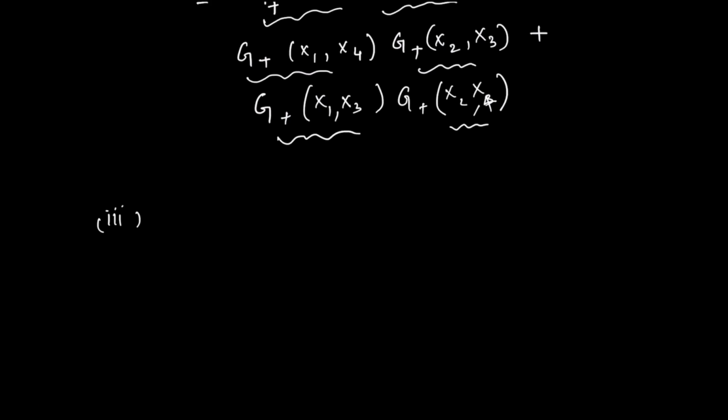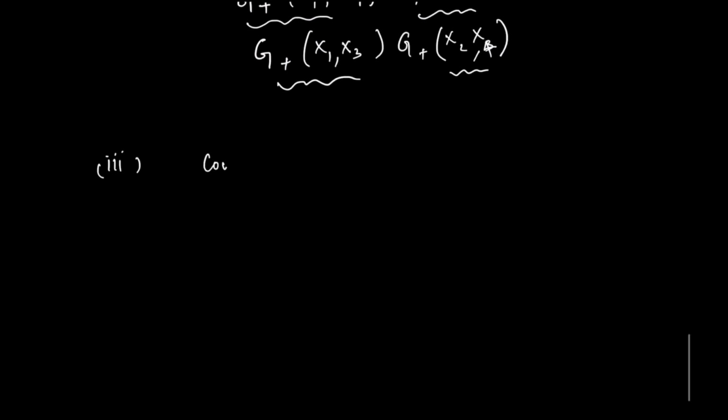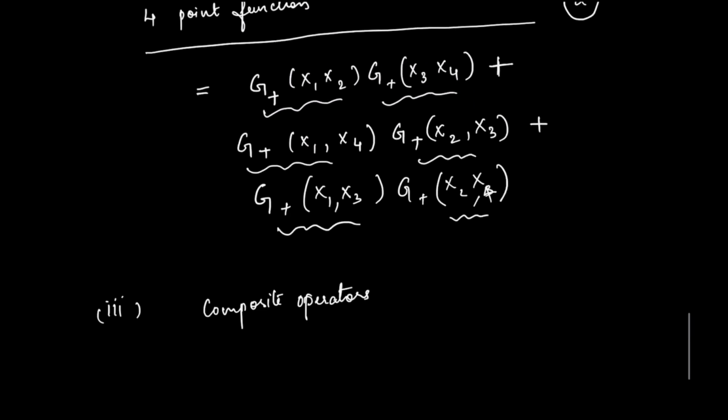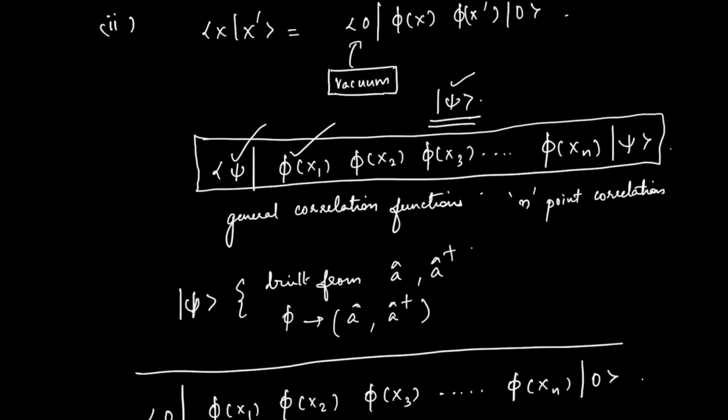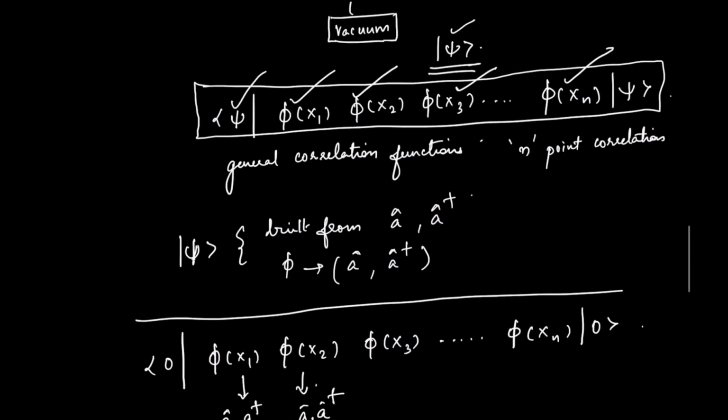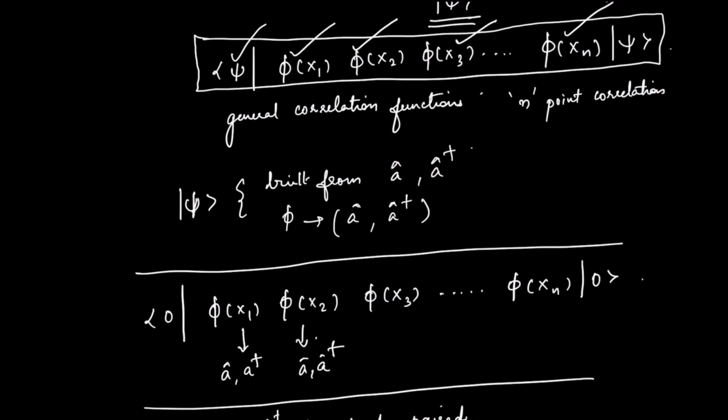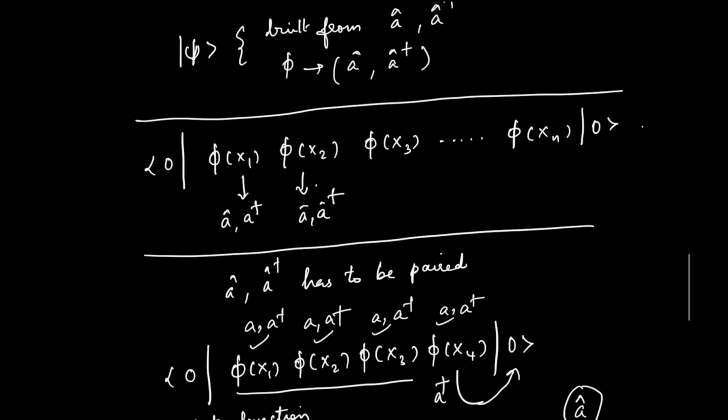Now, in addition to phi, we can also consider more sophisticated composite operators. So far we have seen expectation values of only phi, right? Phi of x1, phi of x2, phi of x3 up to phi of xn. But instead of phi, you can also have phi square, phi cube, and why not the Hamiltonian density or T mu nu?